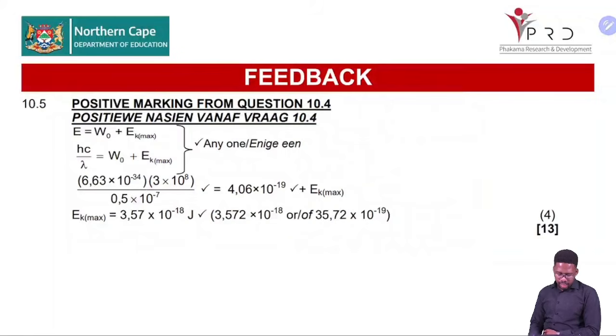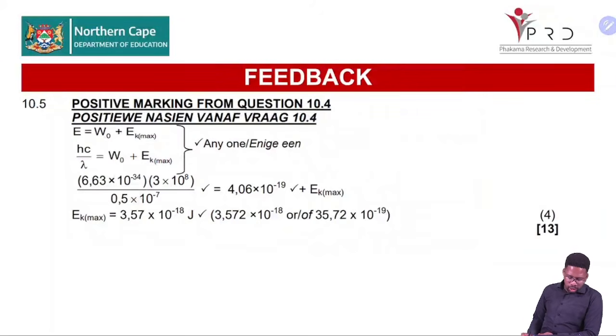The next question then said calculate EK max. You're given the point of reference there when the wavelength is 0,5 times 10 to the power negative 7. You must write the formula as original as it is. Energy is equal to work function plus EK max.